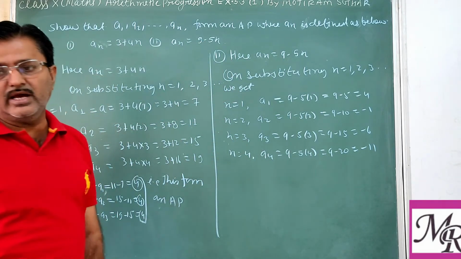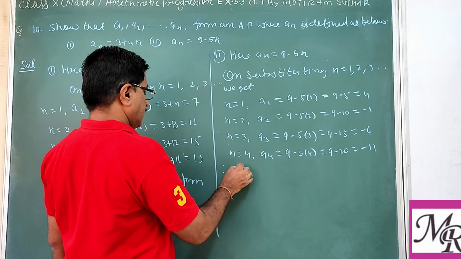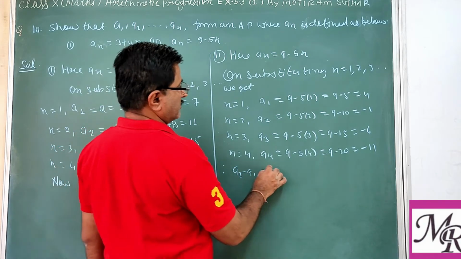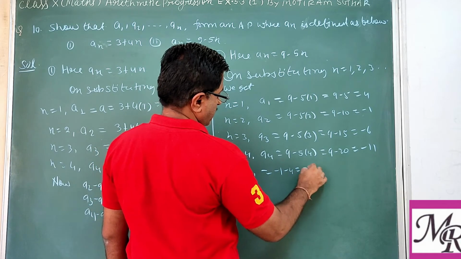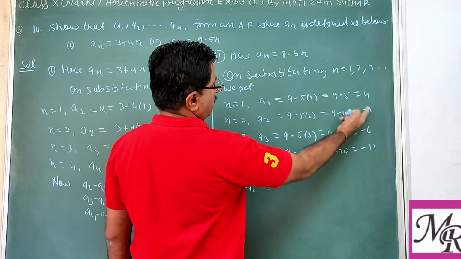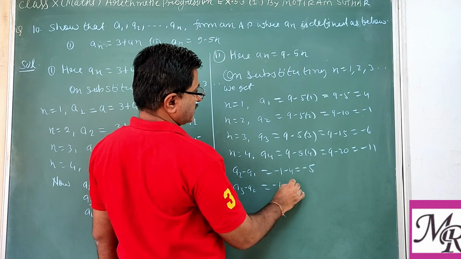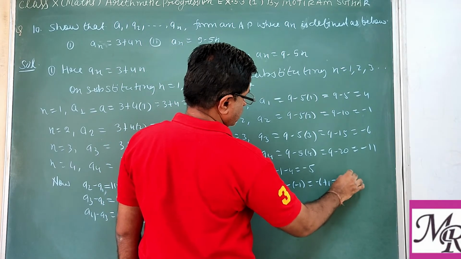Now we again check whether this is an AP or not. We can subtract. Therefore a2 minus a1, second term minus first term, is minus 5. Then third term minus second term, minus 6 minus (minus 1), which is also minus 5.